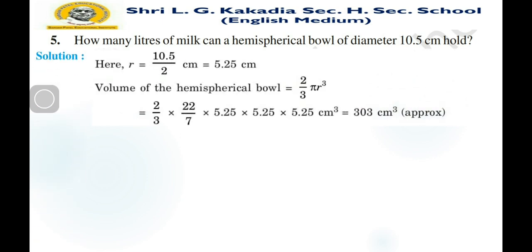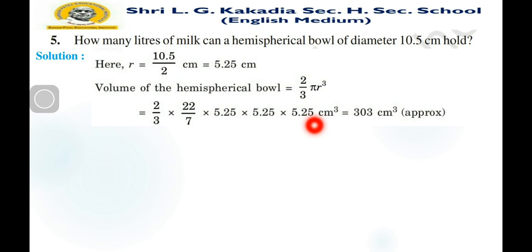Solution, here diameter is equal to 10.5, we have to divide by 2, then we get radius 5.25 centimeter. Volume of hemispherical bowl is equal to 2 by 3 pi r cube. 2 by 3, 22 by 7, r cube, that is 5.25, 5.25, 5.25.